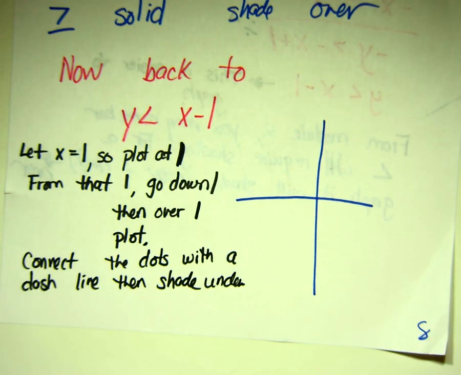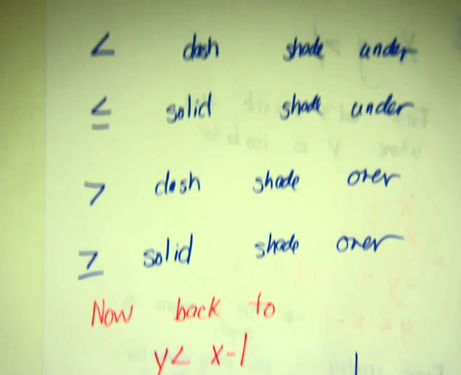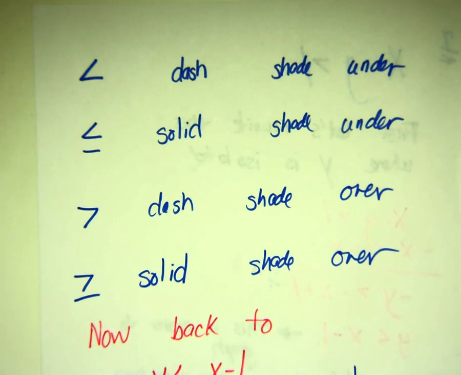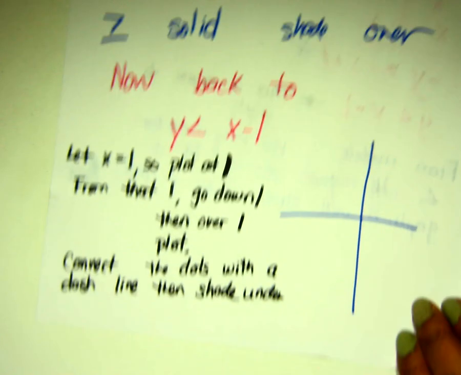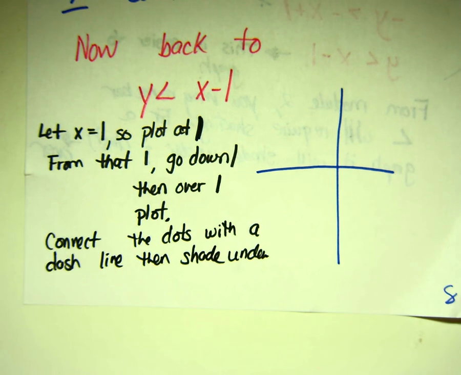We have already converted the inequality. So we have y is less than x minus 1. Because of that, let me scooch it on down. We know it's going to be a dashed line where we connect the dots and we're going to shade under. So let's figure out how to plot this. So let x equal -1.